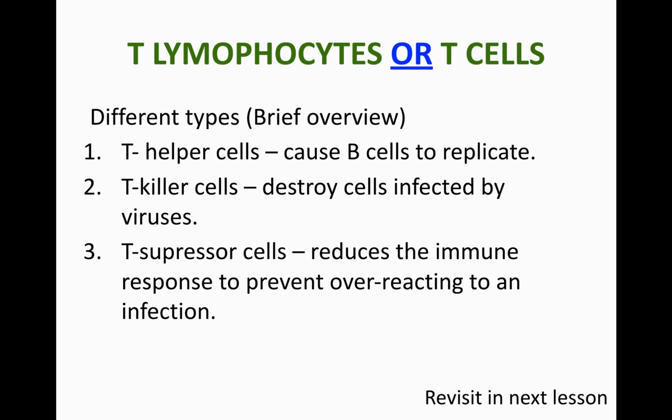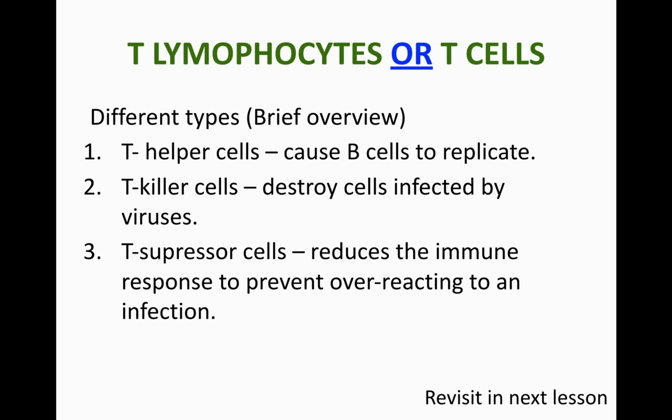The second thing that they do is, once they recognize an infection, they will send off alarm bells, and they will cause B lymphocytes to replicate quickly, to reproduce quickly. So it's basically the canary in the coal mine. They sound the alarm, and then the whole immune system is set off. So T helper cells are very important in setting off the immune system.